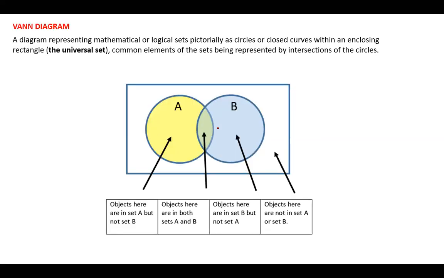So let's proceed. A Venn diagram, I'm sure most of us know this. Of course, I even forgot to put E here. It is always supposed to have E here to show that this is a universal set. Some people put U instead of E. There's no problem.